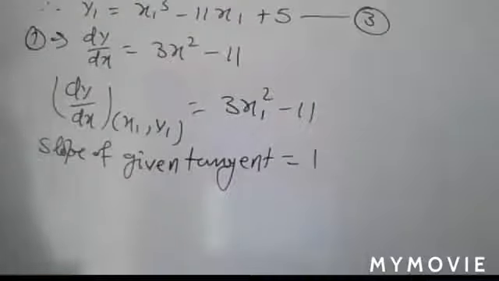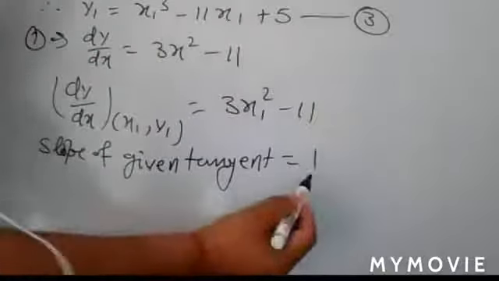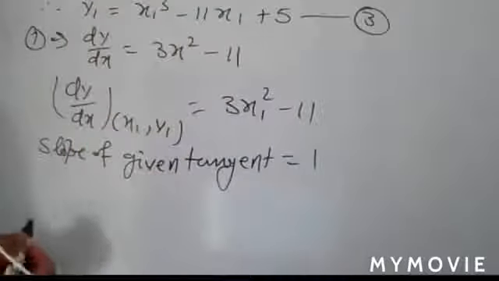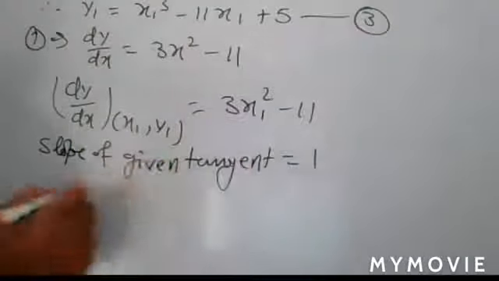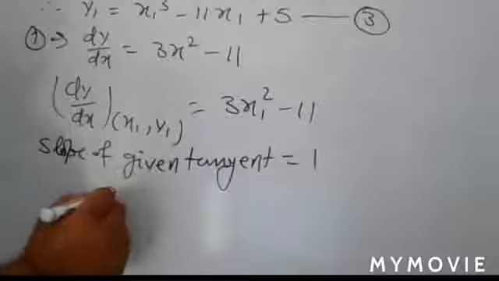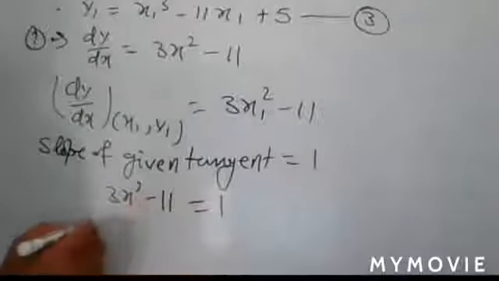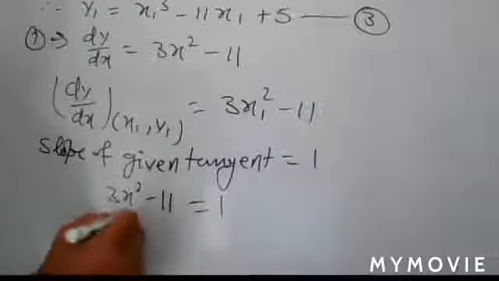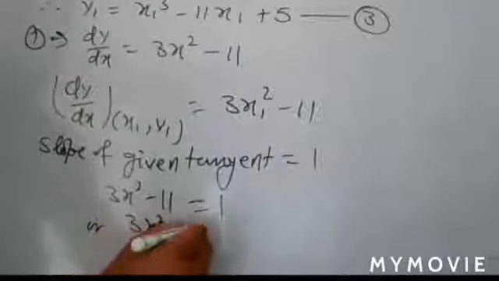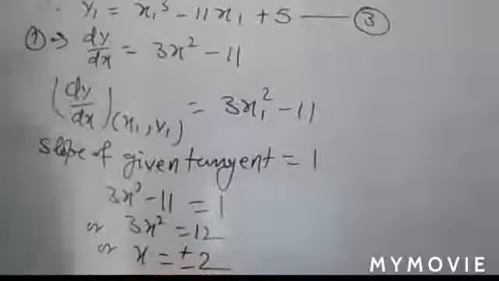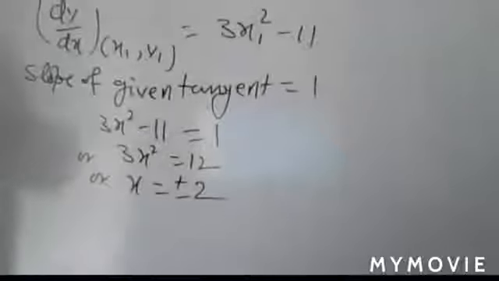If you compare it with y is equal to mx plus c, here its slope is 1 from the second equation. These two are equal. So 3x square minus 11 is equal to 1, or 3x square is equal to 12, or the value of x is equal to plus minus 2.